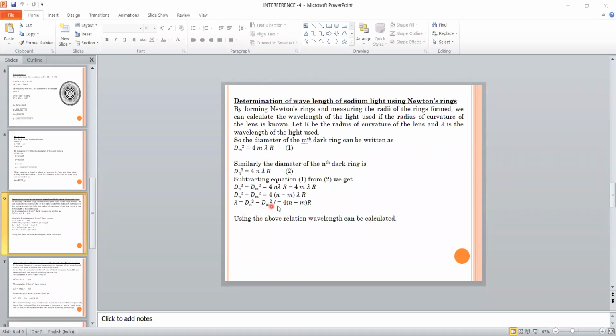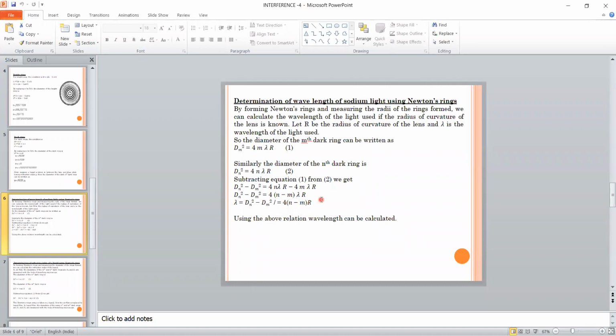So in problem point of view, this formula is very important. Finally, the expression for the wavelength of the given sodium light is lambda is equal to D square n minus D square m by 4 into n minus m into R.